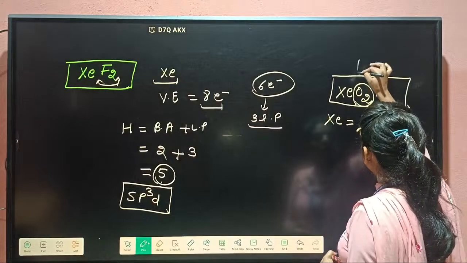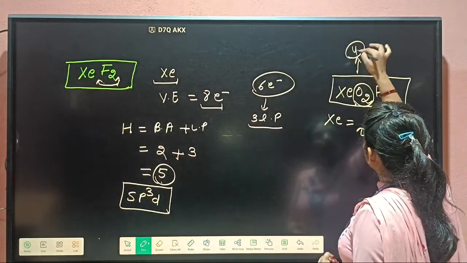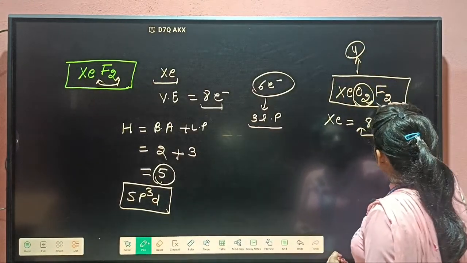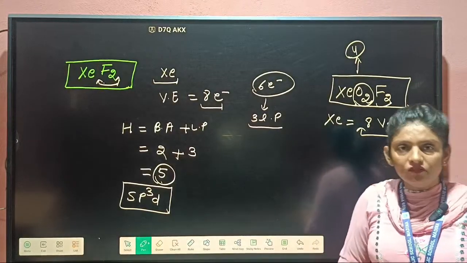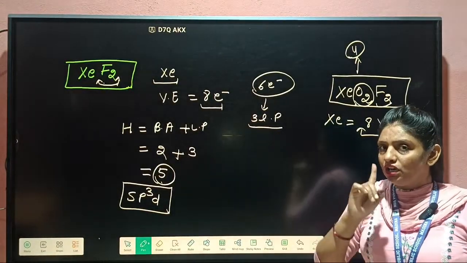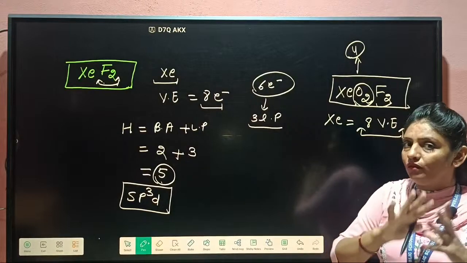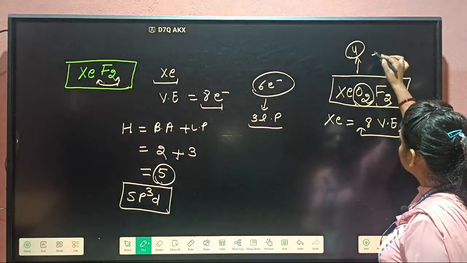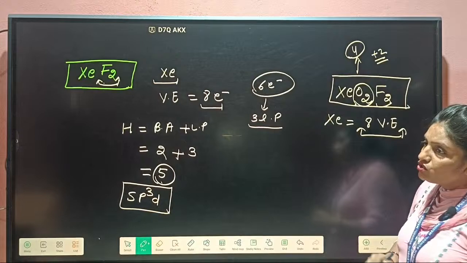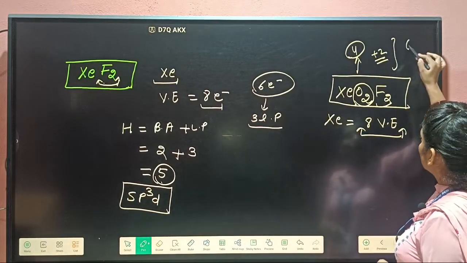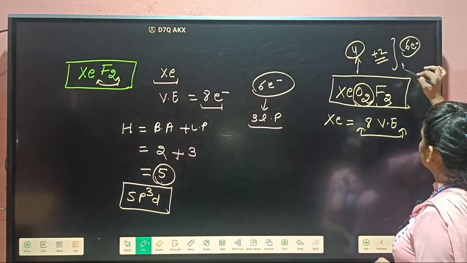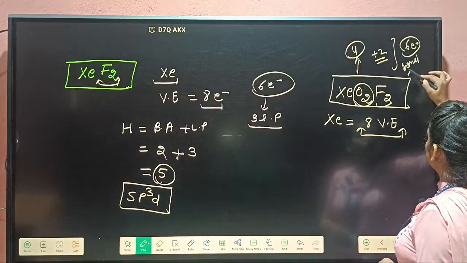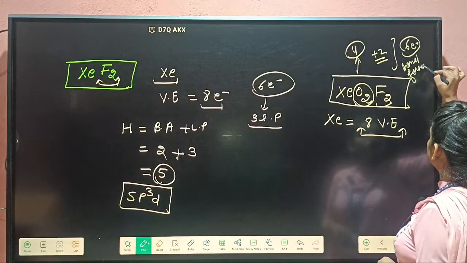And fluorine is univalent, it can form only 1 bond, so 2 fluorines can form 2 bonds. So in total, students, 6 electrons are consumed in bond formation.